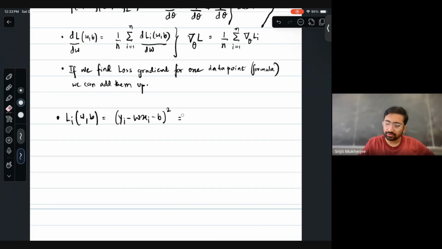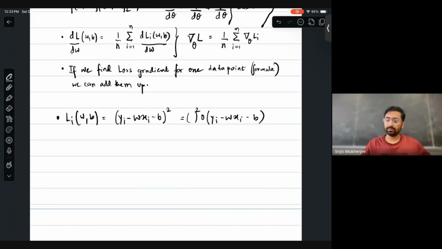Instead of calculating the whole thing, if you observe, it's a composition of two things: one is yi minus this, and then a composition with the square.